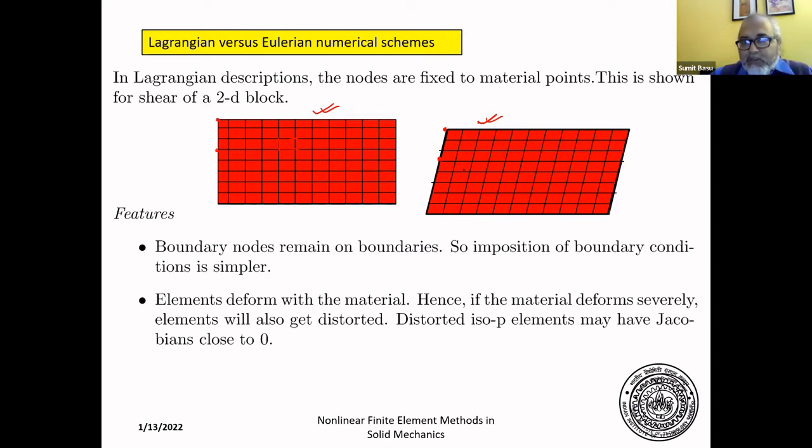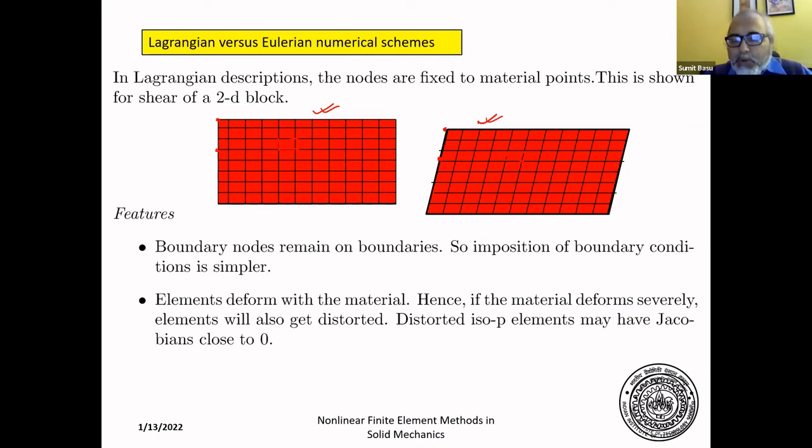So this element becomes this, and as the deformation becomes larger and larger, the distortion of the elements can be severe. And as you probably know from your basic finite element courses, very distorted isoparametric elements may have problems with the Jacobian.